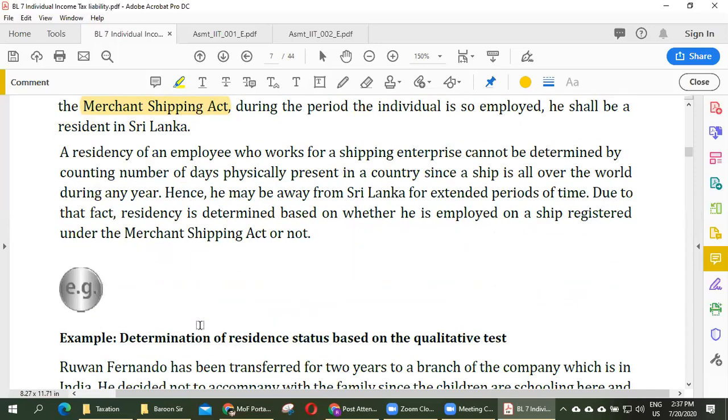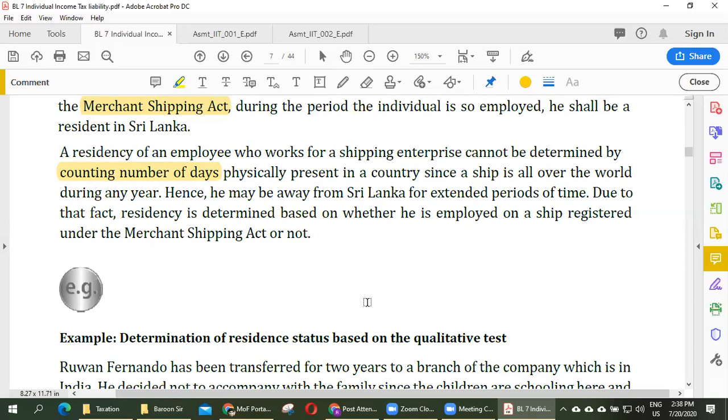Residency of an employee who works for a shipping enterprise cannot be determined by counting the number of days physically present in the country, since a ship is all over the world during any year. Hence, he may be away from Sri Lanka for an extended period of time.